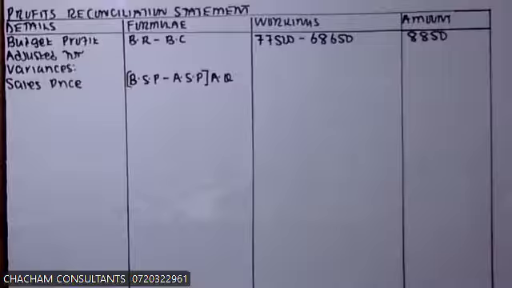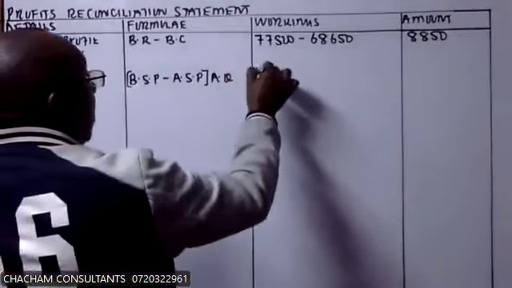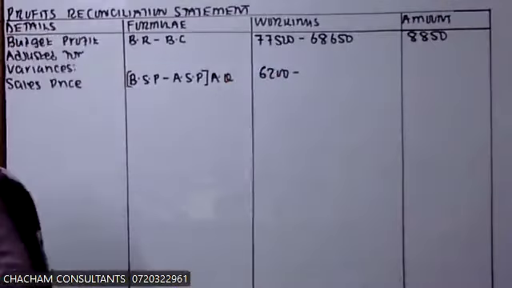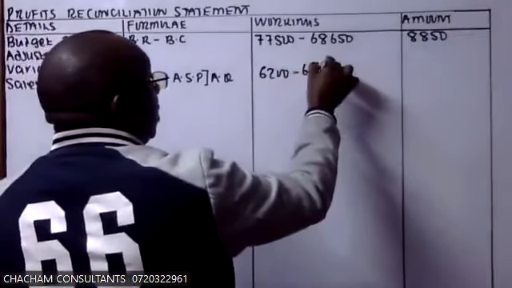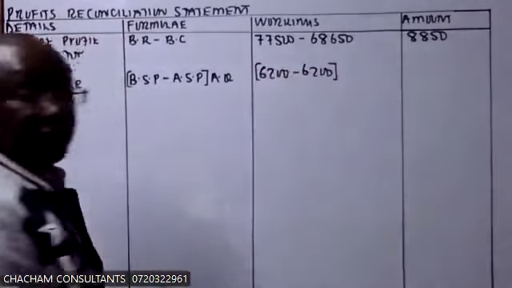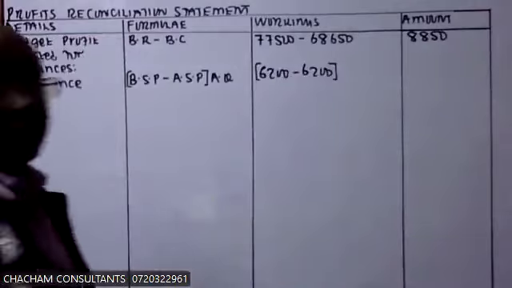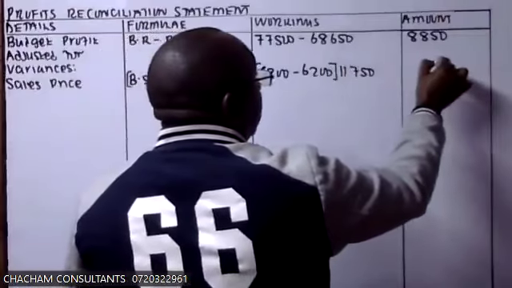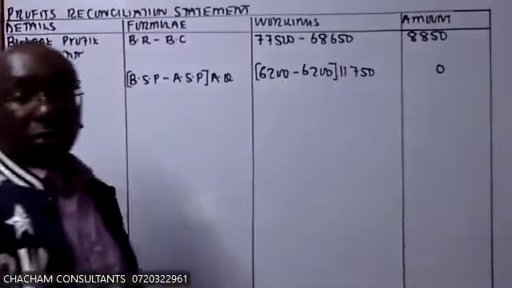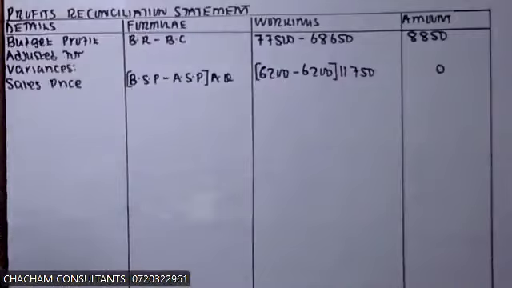So as you can see up there, according to the budget, the cleaning is at 6,200. That's the budget. And the actual down there is still at 6,200. And the actual kilometers done are 11,750. So that one is obviously zero. There was no change.